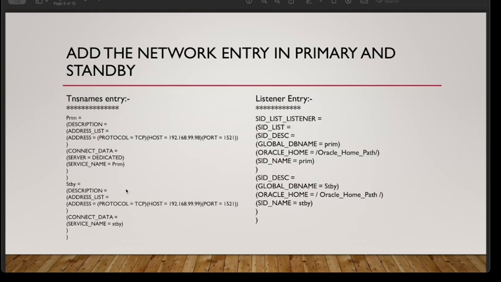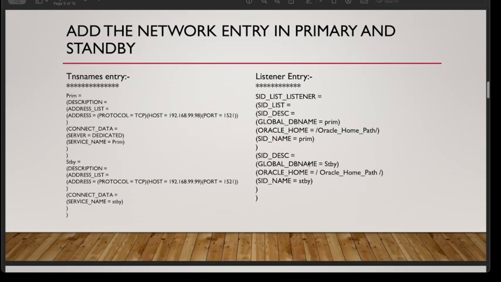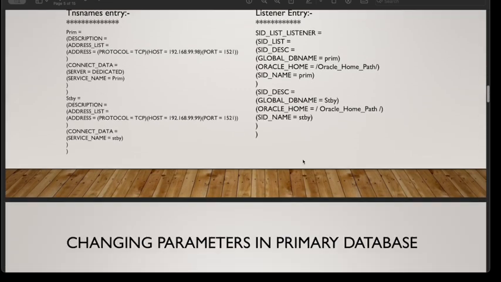You can see here in the TNS entry you need to define prim for the primary database, its service name, its IP as host, and the port should be okay, and STBY for standby with the correct values. In the listener you can define as mentioned here. So this is the listener, global DB name prim, and both databases are defined.